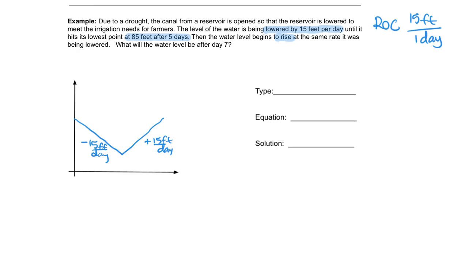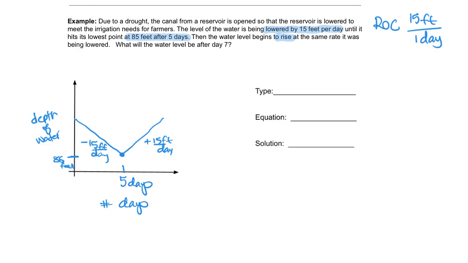This is just a rough sketch. We don't know what the water starts at, but we know this is 5 days. Along this axis is our number of days, and along this is the depth of the water. The lowest depth that it gets is 85 feet.